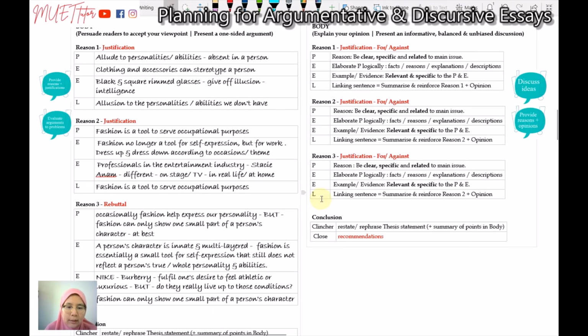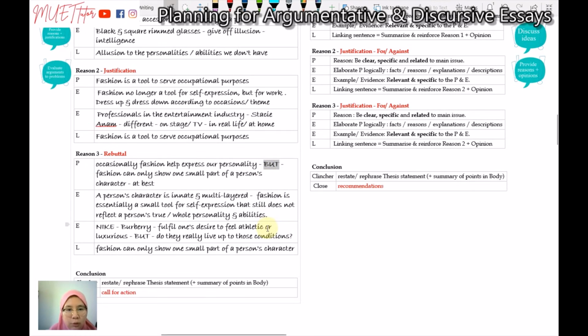And we have this. And for point 3, since it's a rebuttal type of argument, I'm using the word but here to show my rebuttal or refutation. You can also use other words that show contrast instead of this but. Now we have all the 3 points ready and know what terms to use.